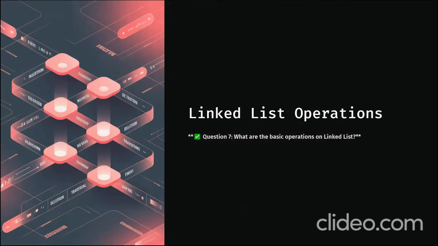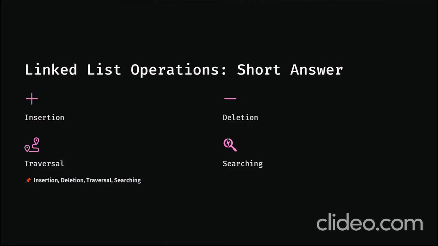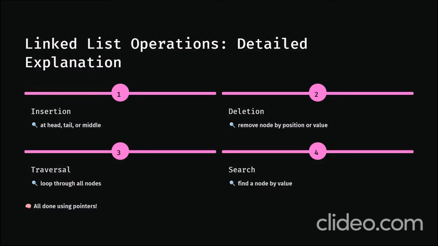Now our next question is, what are the basic operations on a linked list? In a linked list, the basic operations are insertion, deletion, traversal, meaning accessing the elements from first to last, and searching the list. Insertion can be at the head position, tail position, or middle position.